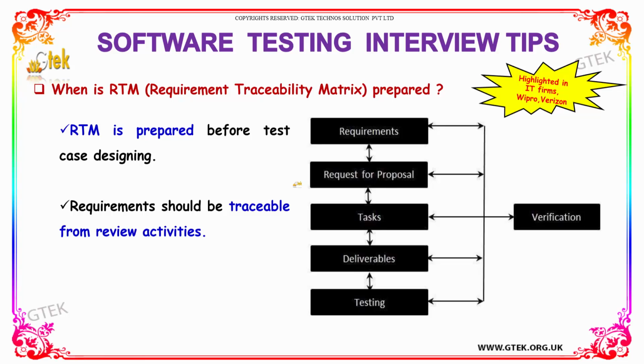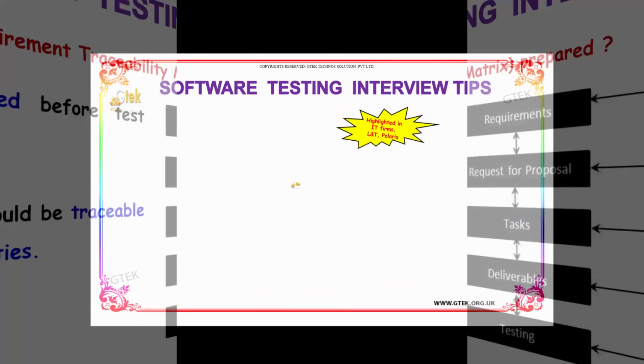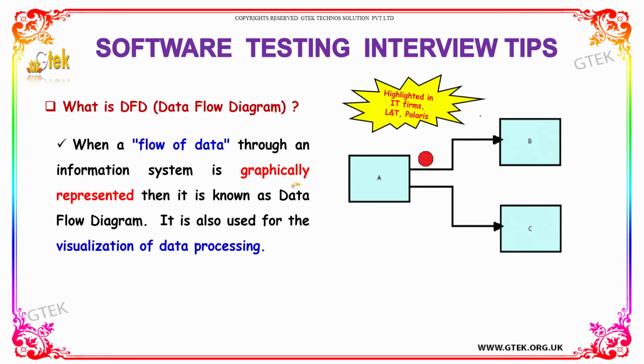These types of questions are highlighted in interviews of IT firms such as Wipro and Verizon. Moving on to our next question. What is DFD? It is the abbreviation of data flow diagram. A data flow diagram is a diagram which depicts your flow of data and it is graphically represented.